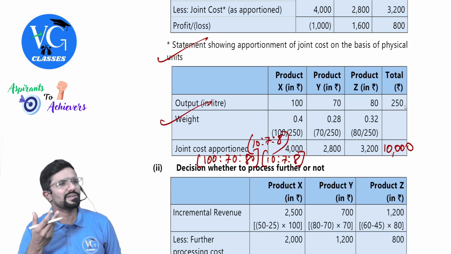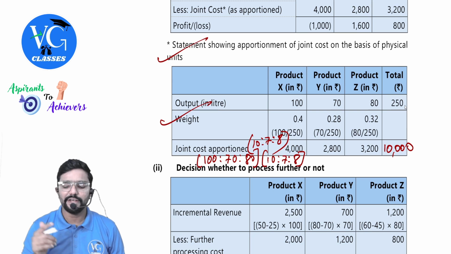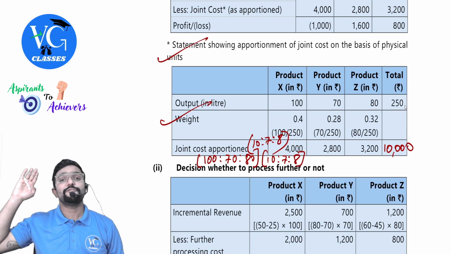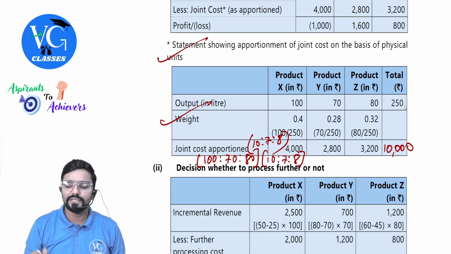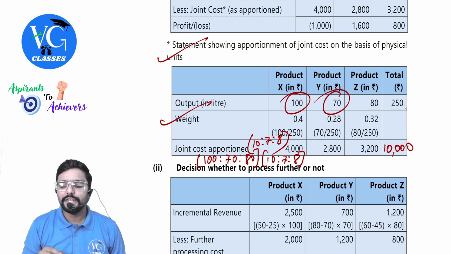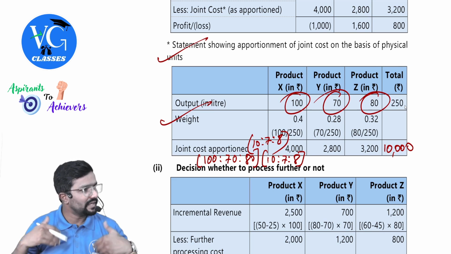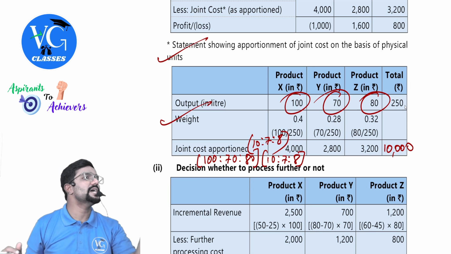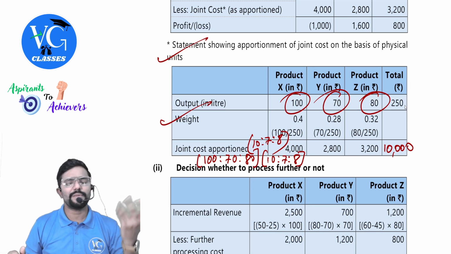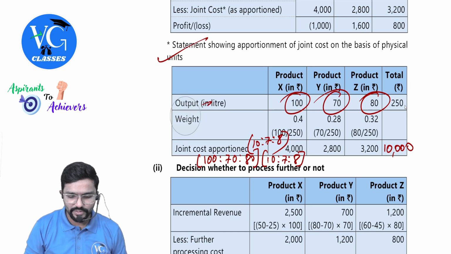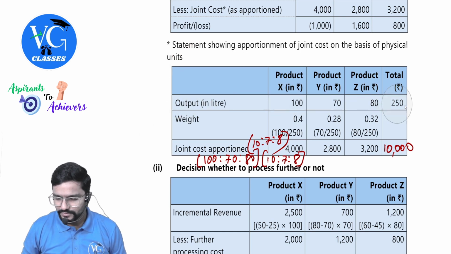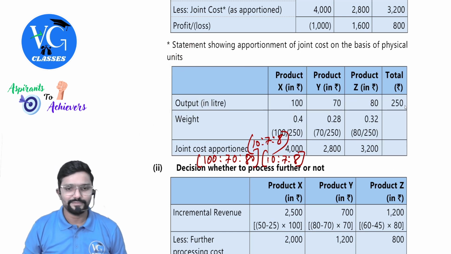They have first found the weight, like weighted average cost of capital in FM: 100 divided by 250, 70 divided by 250, 80 divided by 250. Then they multiplied this weight with the joint cost. One step extra. If you have time, you can do it, but I know you will not have so much time.